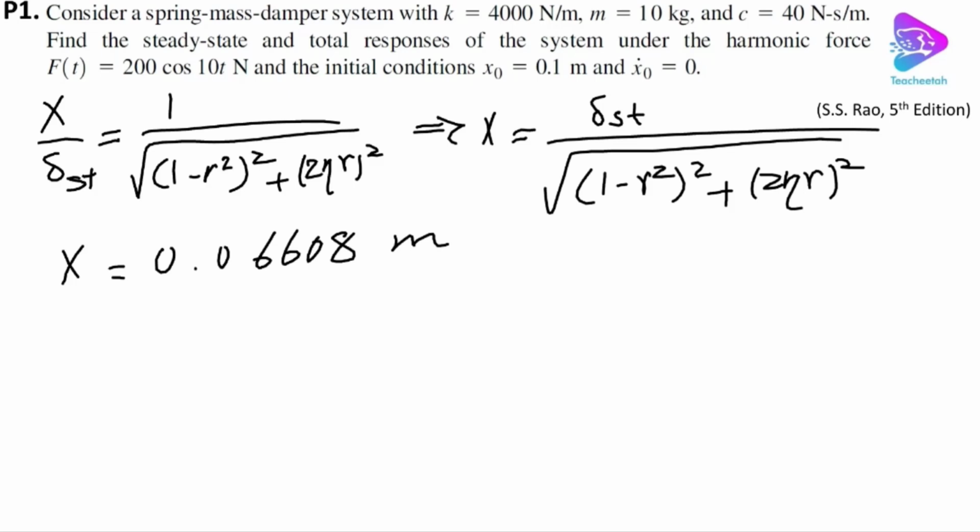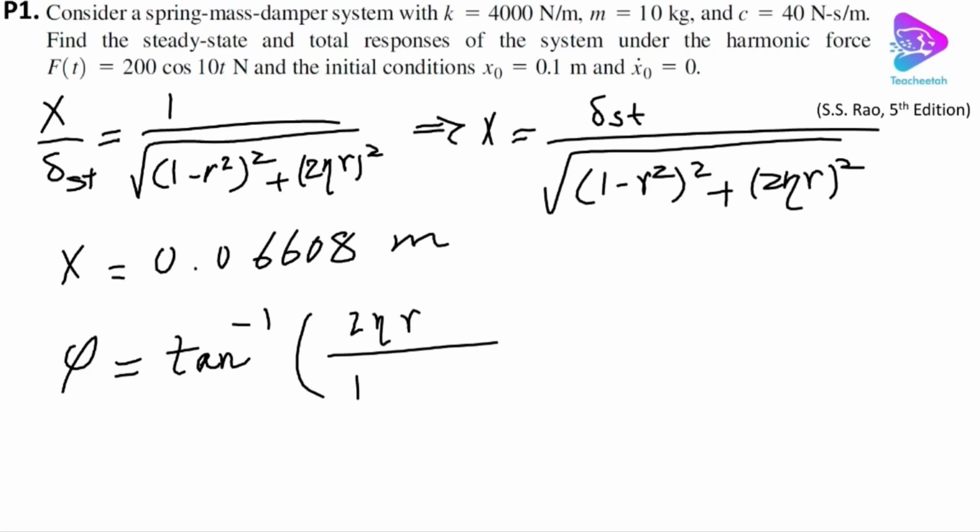For the steady state response, we also need to find phi, the phase, which was equal to, we have again a formula as a function of omega, c, and k. We also have a formula based on r that I didn't show before, but not a problem, we can show it here. It's equal to tan inverse of 2 zeta r divided by 1 minus r squared, right?